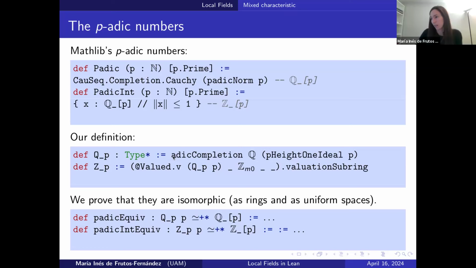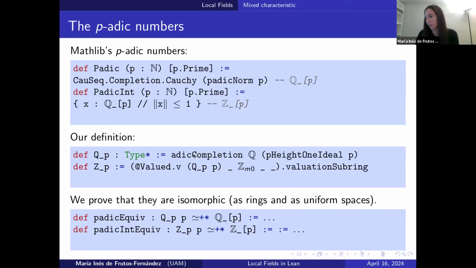Well, one reason is that this adic completion definition works whenever you have a Dedekind domain R and some maximal ideal in this Dedekind domain. And sometimes we want to use this to construct, for example, a completion of a local field.